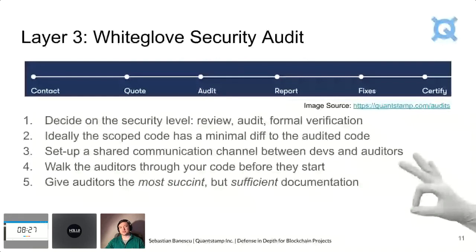And that was too much. And we also have many projects which gave us no documentation, right? Documentation is meant to ramp up the auditor with what your code should be doing, and for them to be able to quickly verify the implementation against the documentation if something is not working properly.